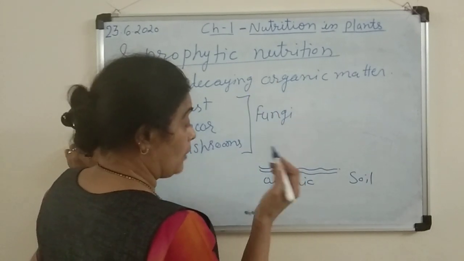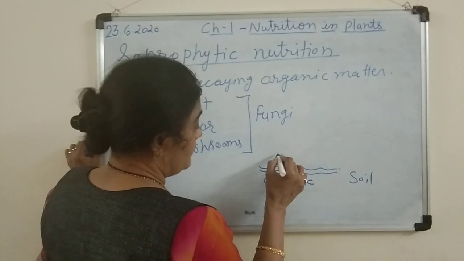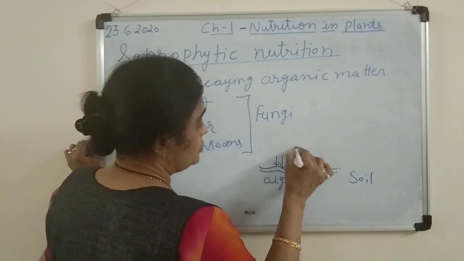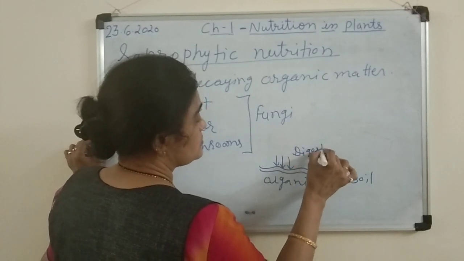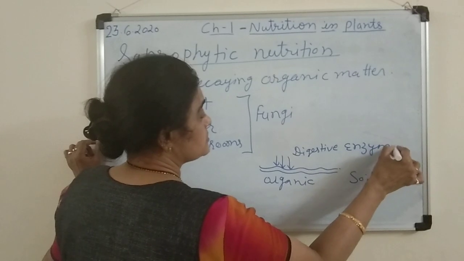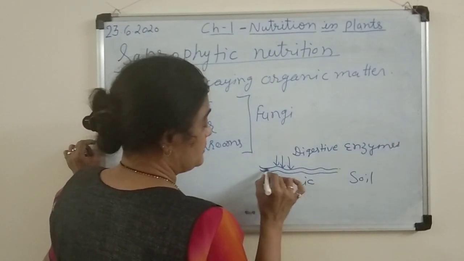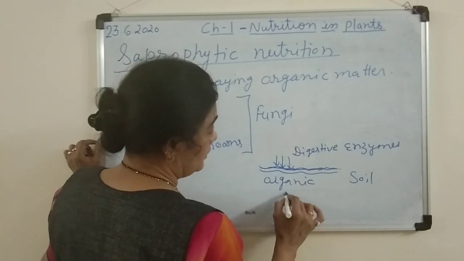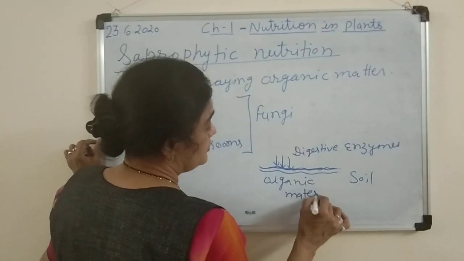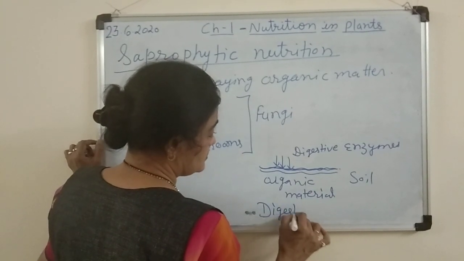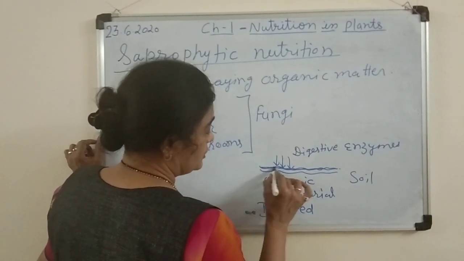All these materials are taken up by the saprophytes. How? First of all, the organism applies digestive enzymes. Then this food material, the organic material, gets digested on the surface only.